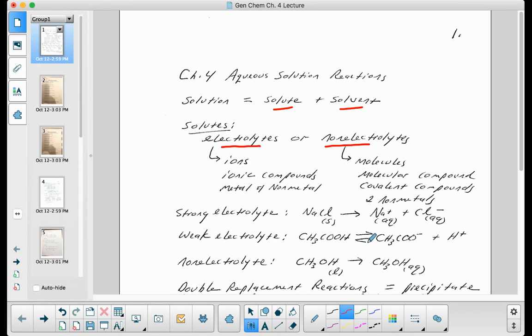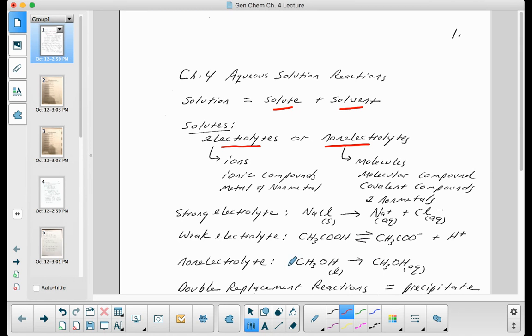That's why we showed two arrows here. In Gen Chem 2, the second semester of this course, we'll talk a lot about equilibrium. That's what those two arrows indicate. You don't have to really worry about it now.